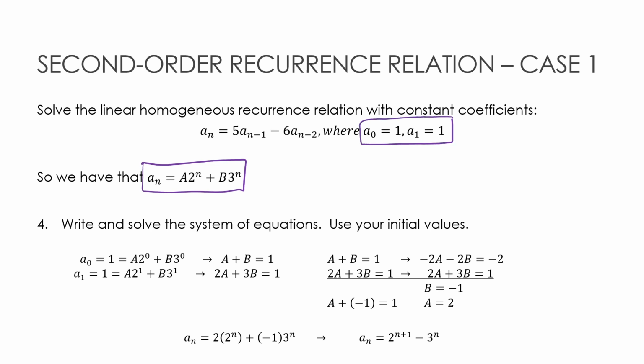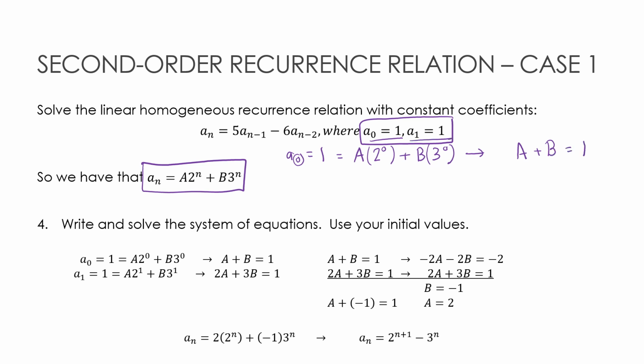So I'm saying a sub 0 is equal to 1, which is equal to a times 2 to the n, well n obviously is 0, plus b times 3 to the 0. So this equation turns into a times 1, so that's a, plus b times 1, which is b, is equal to 1.